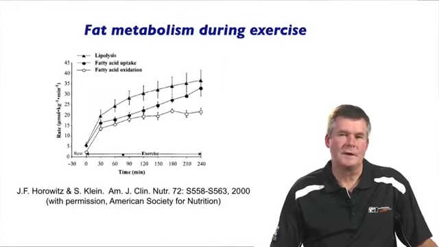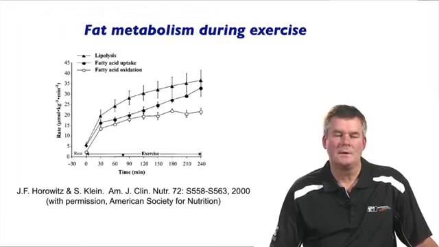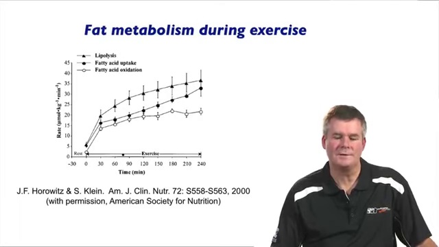During prolonged exercise, we see changes in a number of aspects of fat metabolism. These studies have involved tracers, again, labelling fatty acids and glycerol to estimate the rates of lipolysis, which is the breakdown of triglyceride, the rates of fatty acid uptake, and the rates of fatty acid oxidation.